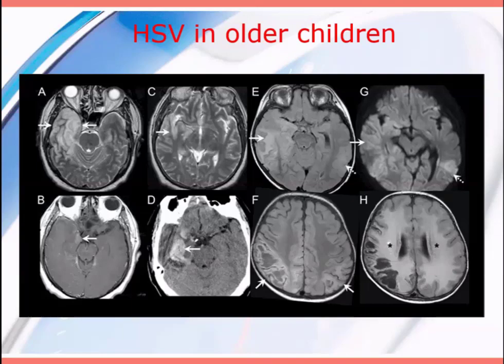If there is a viral infection, it is hypercellular, but the cells are lymphocytes. This is very important. If it is autoimmune, there is increased protein, but no cells. So this is very important for the radiologist to take into consideration.